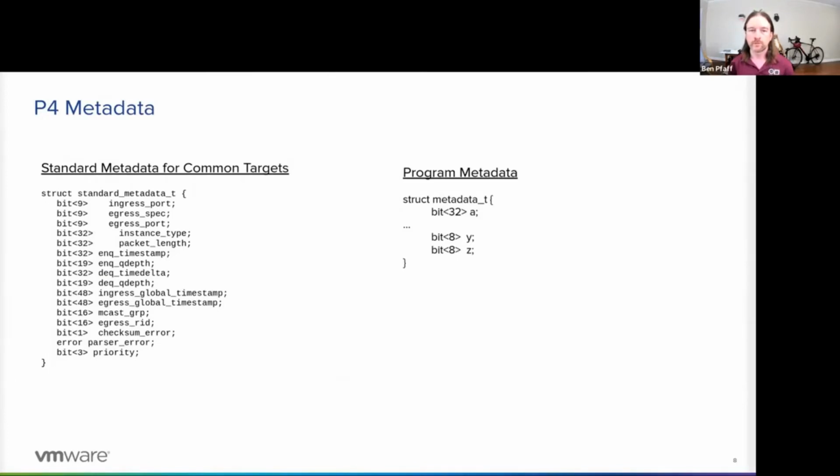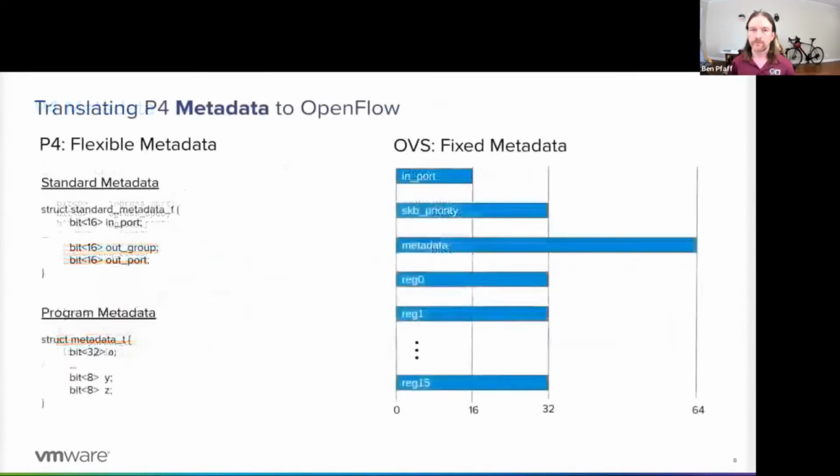That's things like the input port, the output port, and the priority. But we have to get rid of other metadata that OVS doesn't support, like all of the P4 metadata related to timestamps and queue lengths. OVS just doesn't support any of that. OVS doesn't support named metadata either, but OfP4 can make that work. Let's see how.